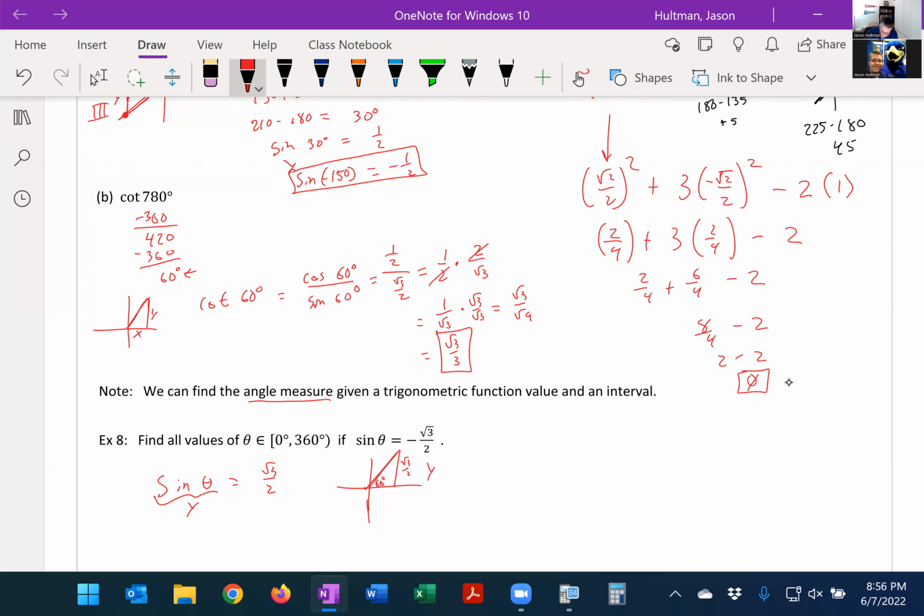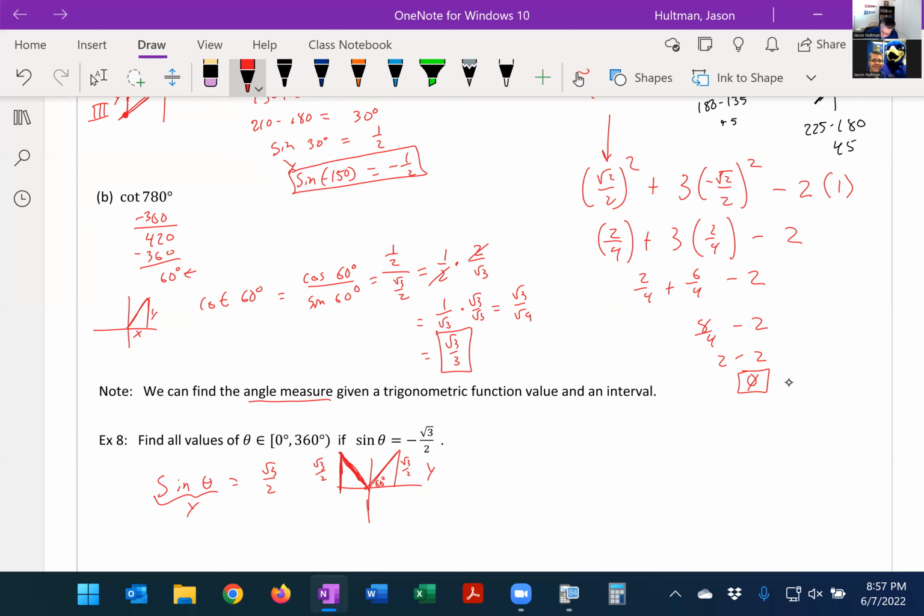If I go over here and do kind of a mirror image, what's the sine value there? Well, that's still positive because the y's are positive in quadrants 1 and 2.